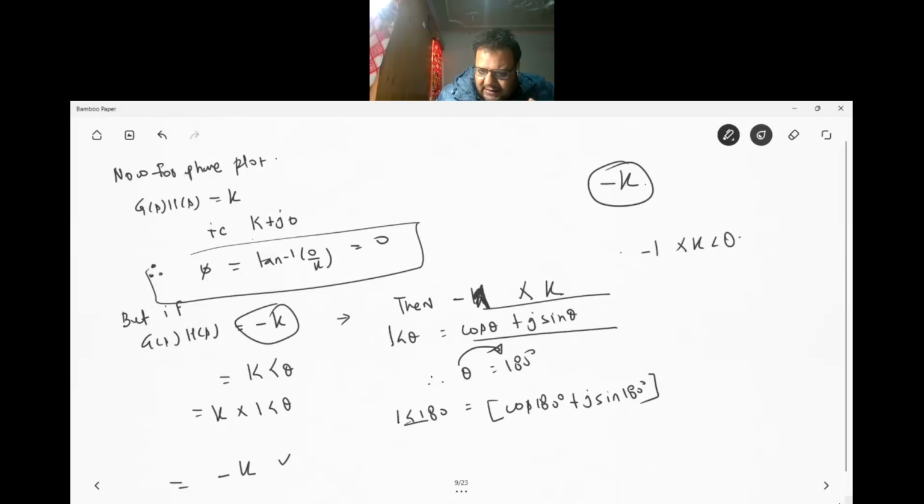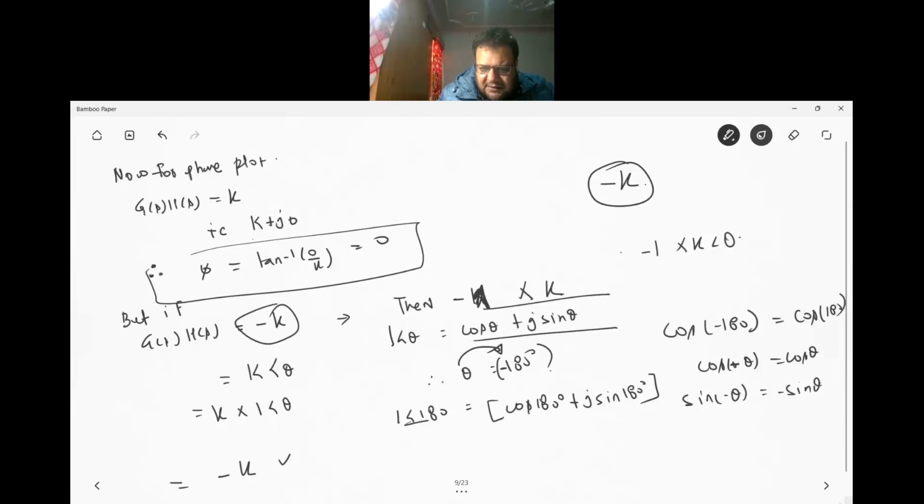Now if you put theta equal to 180 degrees, or let's suppose theta equal to minus 180 degrees, cos of minus 180 is as good as cos of 180, because cos is an even function. Cos of minus theta is equal to cos theta, whereas sine of minus theta is equal to minus sine theta.